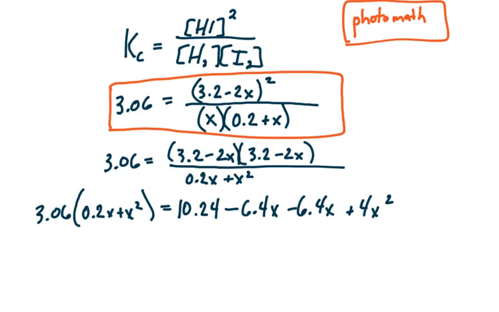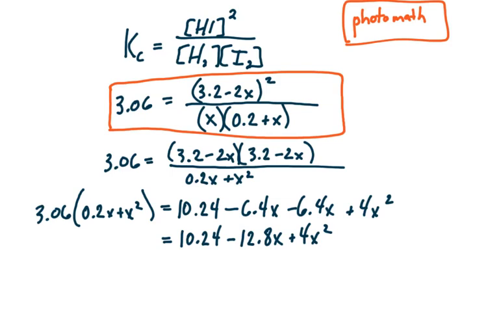Let's combine what we can here. I get 10.24, negative 6.4 plus another negative 6.4 is negative 12.8x, plus 4x squared.